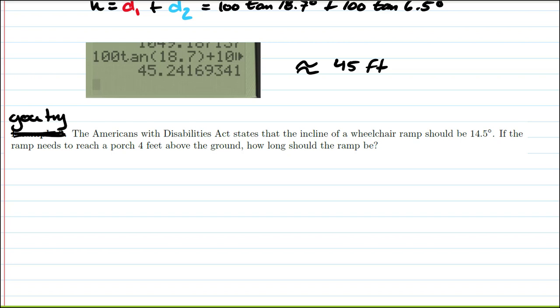So the Americans with Disabilities Act states that the incline of a wheelchair ramp should be 14.5 degrees. If the ramp needs to reach a porch 4 feet above the ground, how long should the ramp be?